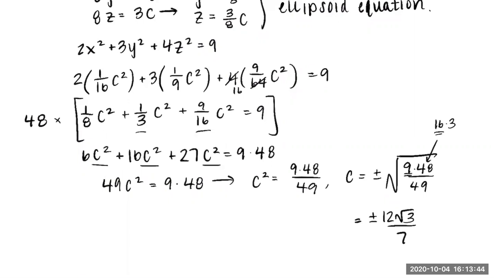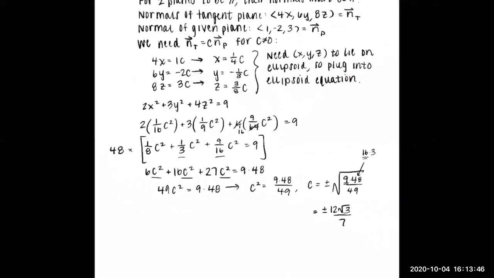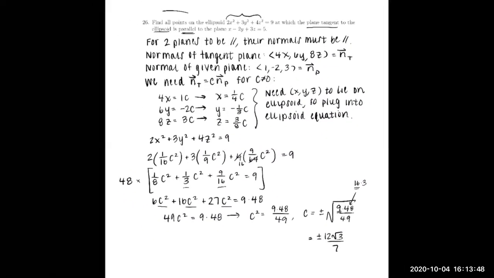And what was our goal? Let's zoom out here and look back up. We want to find all points on the ellipsoid at which these planes are parallel. So we already have a general setup for the points right up here that I just highlighted. So to find the final points, we need only plug this c value into our equations for x, y, and z.